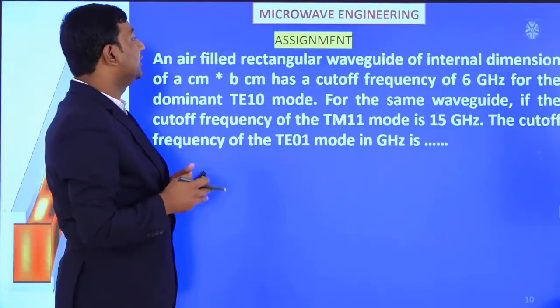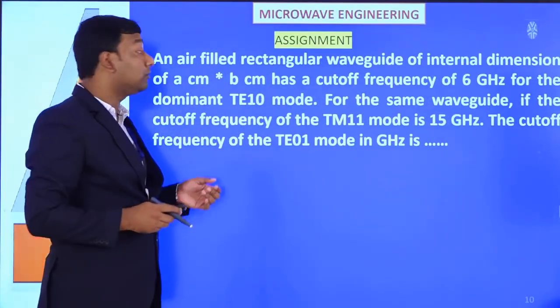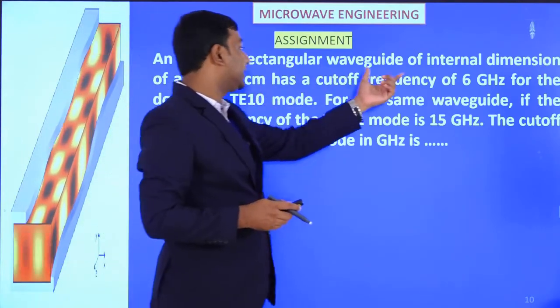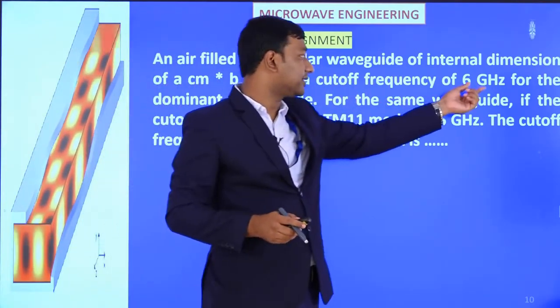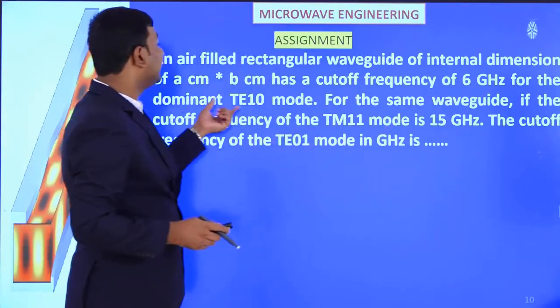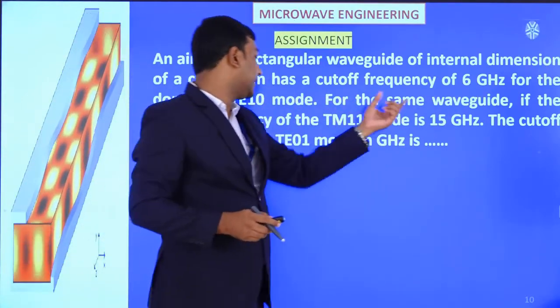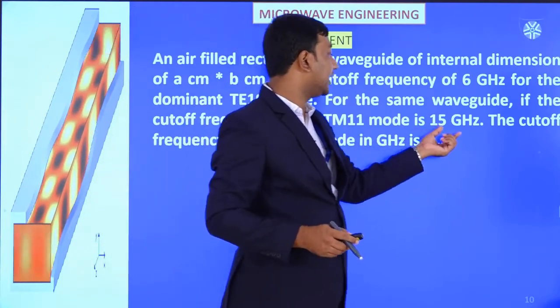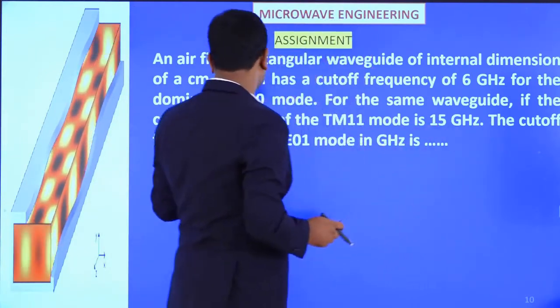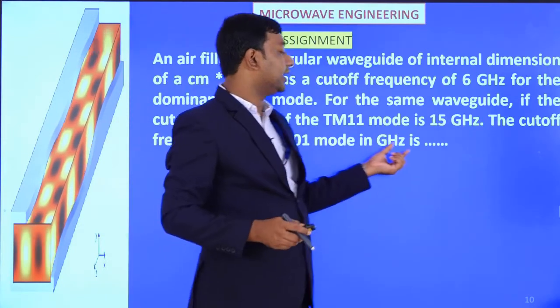An air-filled, so that is the assignment you should solve. An air-filled rectangular waveguide of internal dimensions A centimeter, B centimeter, has a cutoff frequency 6 gigahertz for the dominant TE10 mode. For the same waveguide, if the cutoff frequency of the TM11 mode is 15 gigahertz, the cutoff frequency of TE01 mode in gigahertz is.